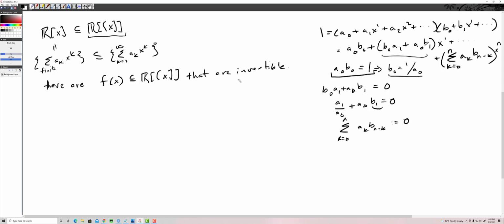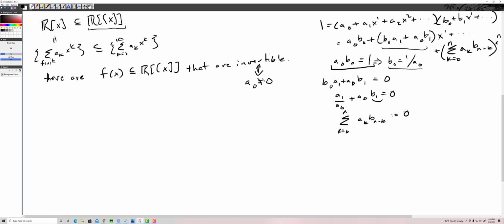And so the invertible series are precisely those where this multiplication has to be 1, which means that a0 has to be non-zero, okay? I can find a b so that this works as long as a0 isn't 0. So these elements where you have some constant term in your formal power series are invertible in this ring.